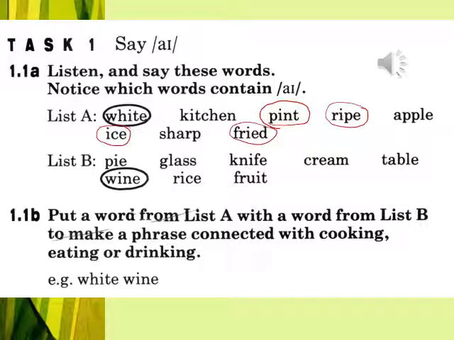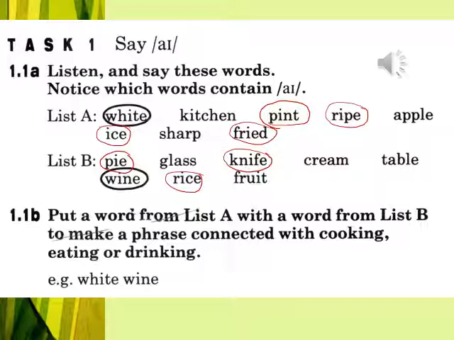And in list B, the words that contain diphthong /aɪ/ are pie, knife, rice. Okay? And obviously white and wine as well. They were the examples already marked.